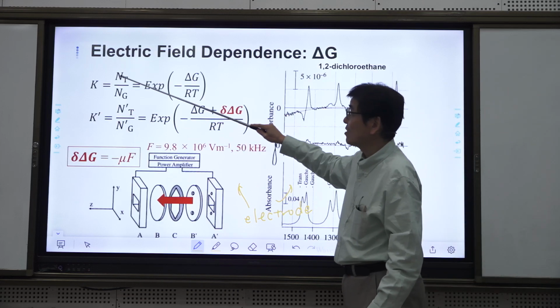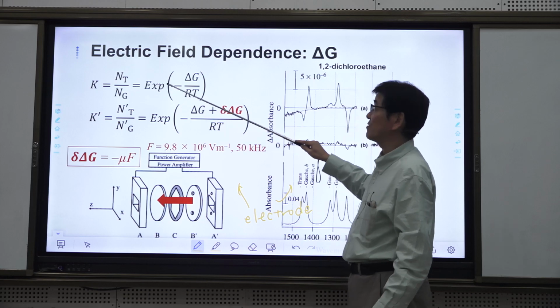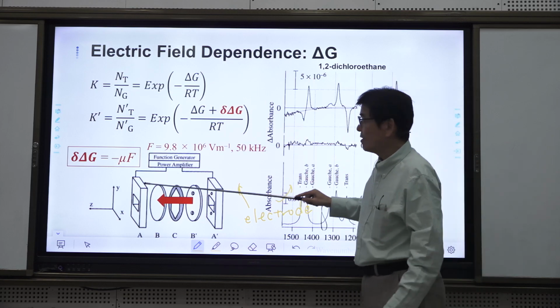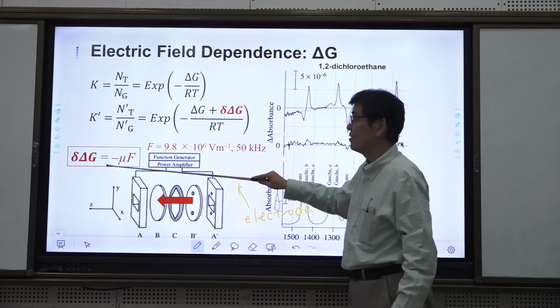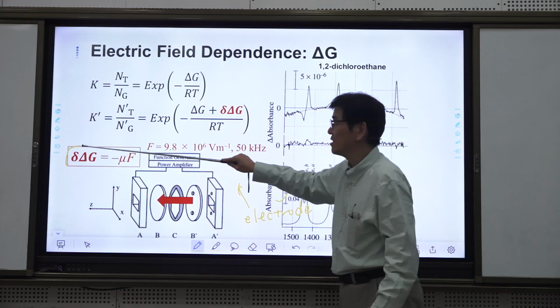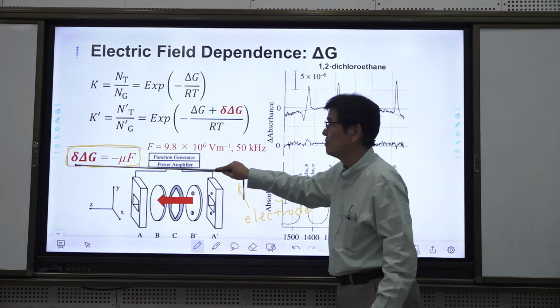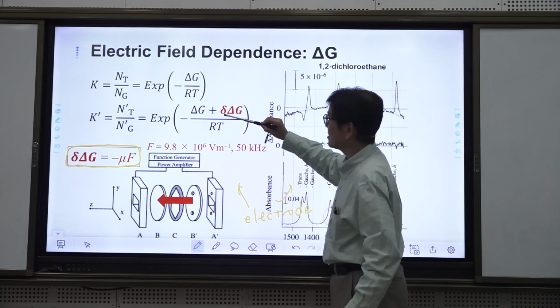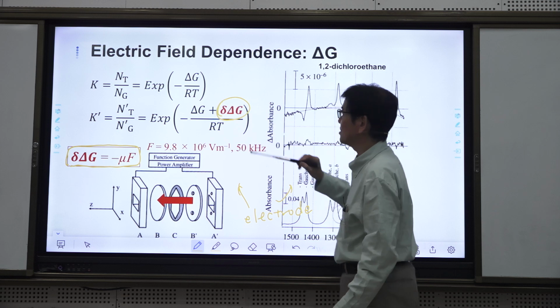Again, the ratio of N_T and N_G is the exponential function of delta G. And by applying the electric field, we attain a change in delta G. In this case, delta G gets an additional term.